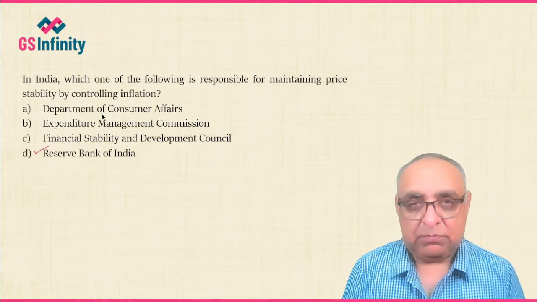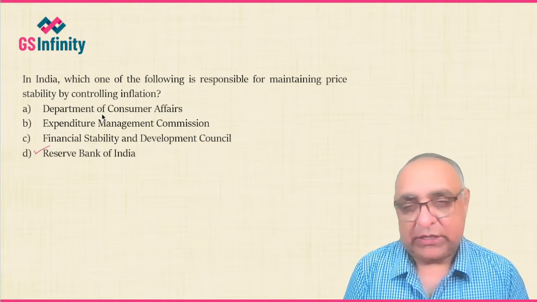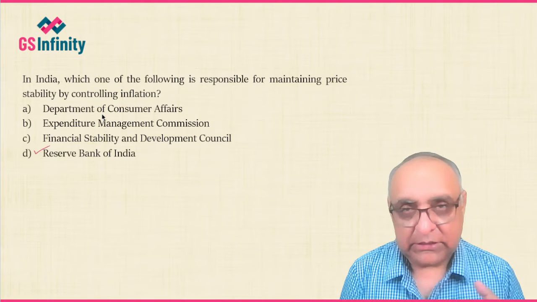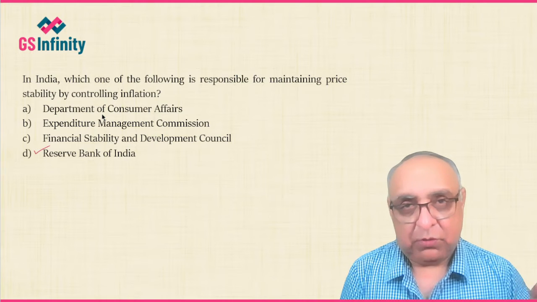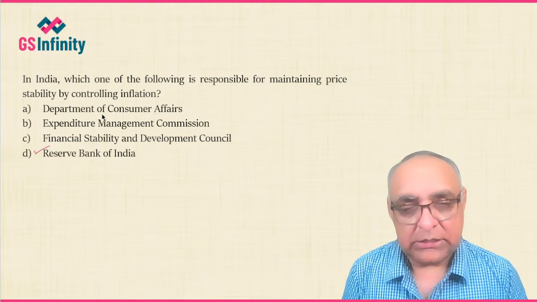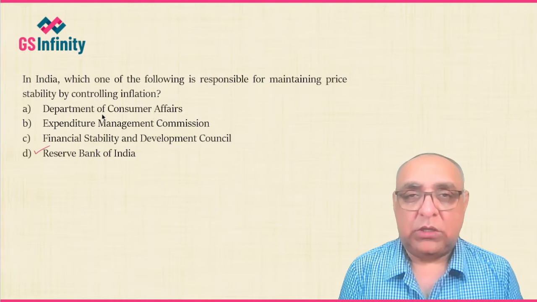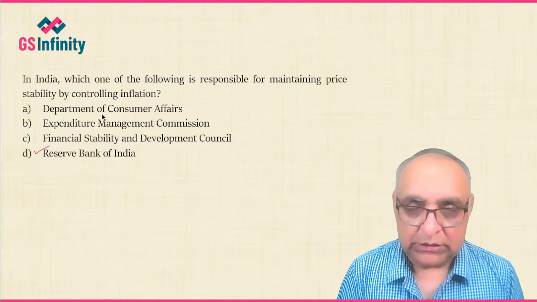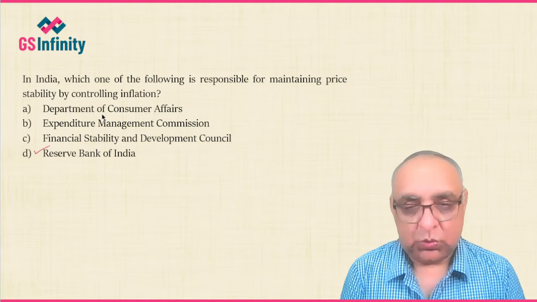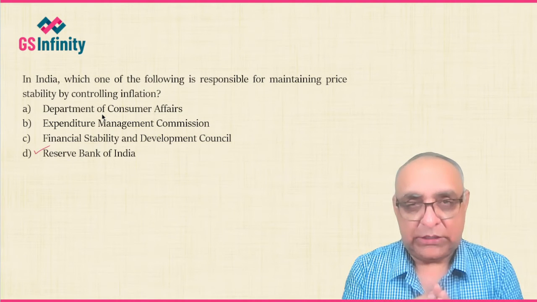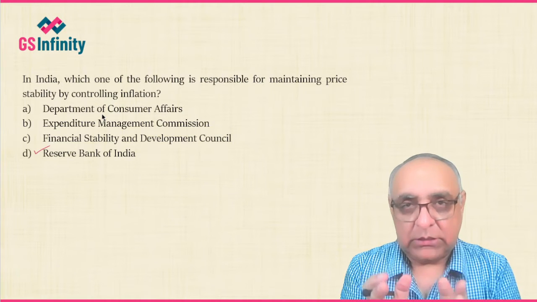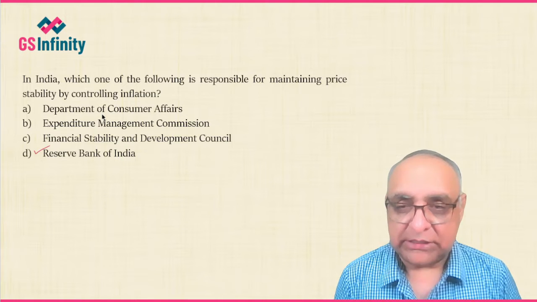The Monetary Policy Committee, in the light of that inflation targeting rate, decides the monetary policy and determines the repo rate, and the Reserve Bank of India implements the monetary policy decided by the Monetary Policy Committee. So this is how the inflation control mechanism, or the price stability mechanism, works in India.